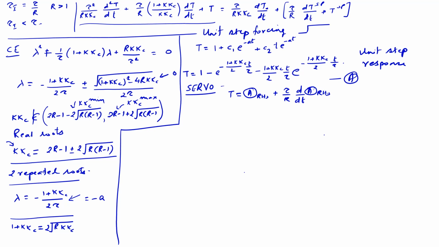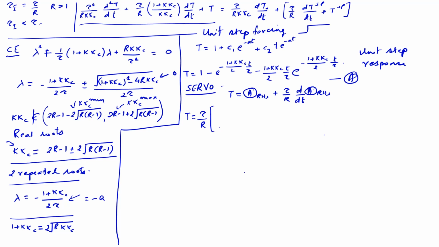We already derived the time derivative, so what we had there was, let's just do it, tau by R times the time derivative of the right hand side of the previous equation.